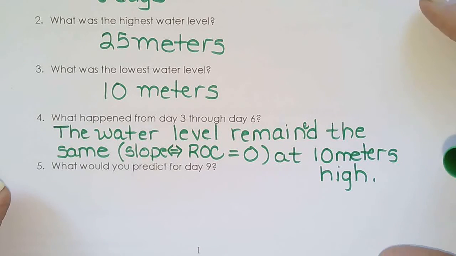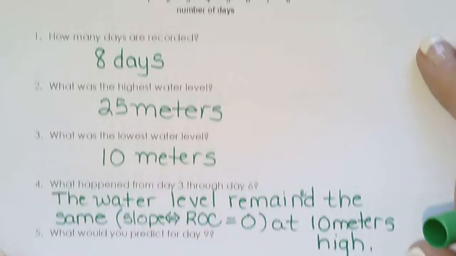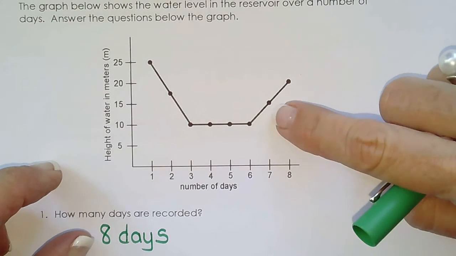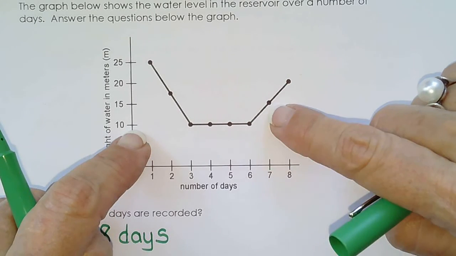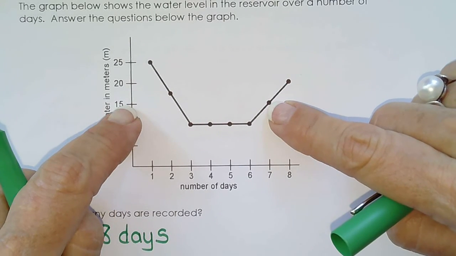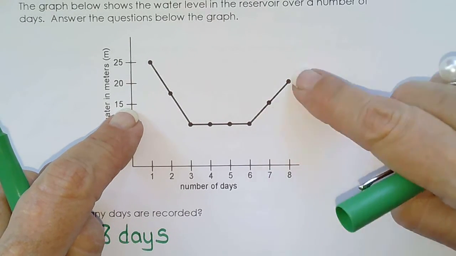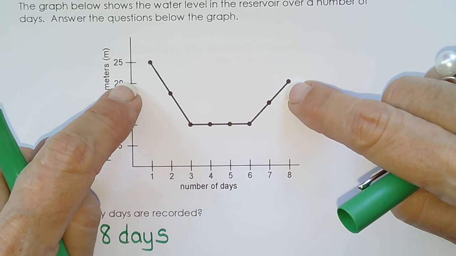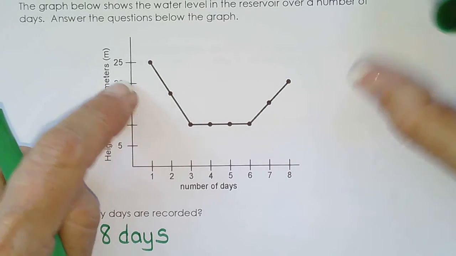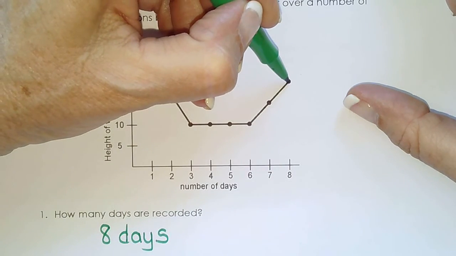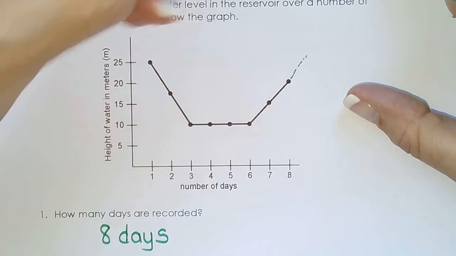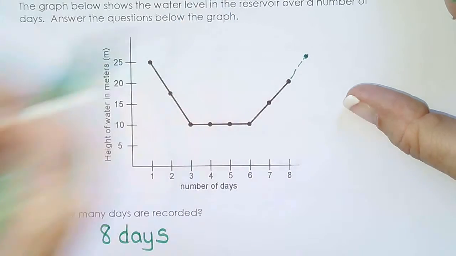What would you predict for day 9? Well, we look at day 6 to day 7, and it looks like it went up about 5. And then we look from day 7 to day 8, and it looks like it went up about 5. So if it remains the same, I'm guessing it would be about 20, right?